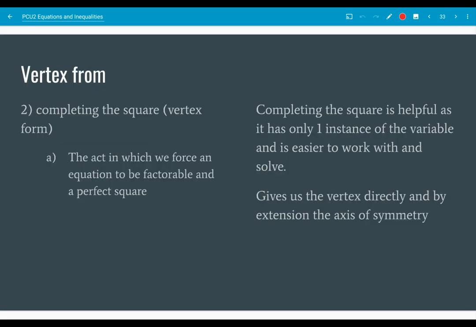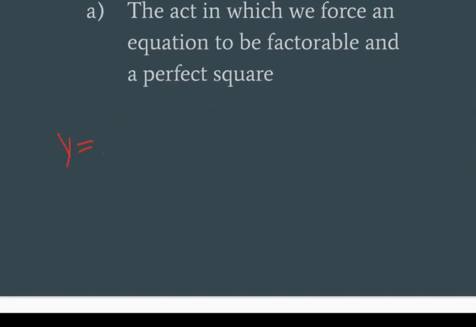So vertex form is one of those other forms I talked about. We're used to seeing it like that, the h and k form. Okay. Vertex form is where you force a quadratic to be a perfect square.